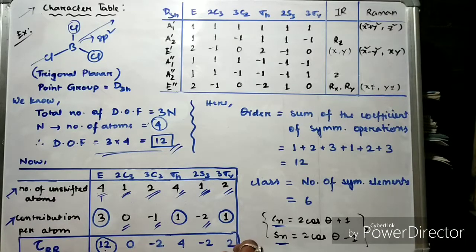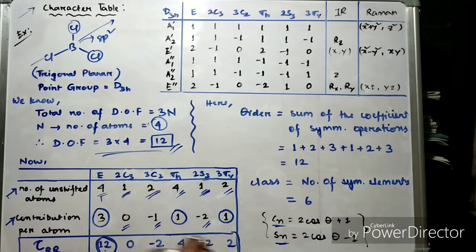One more thing, this will only be the reducible representation if the square of this value is greater than the order.